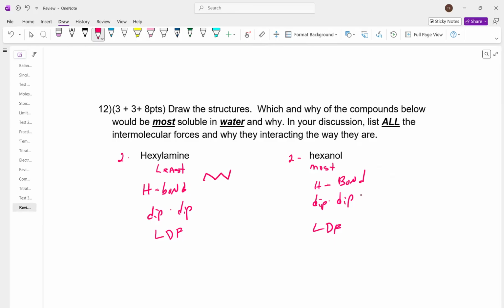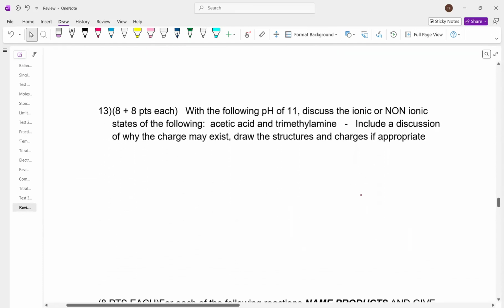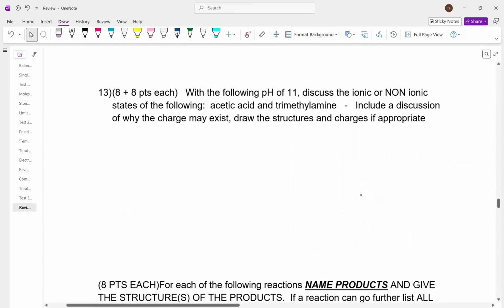Let's call that this. Okay. Usually when you don't specify, it's carbon number 1. Okay, so we have acetic acid.